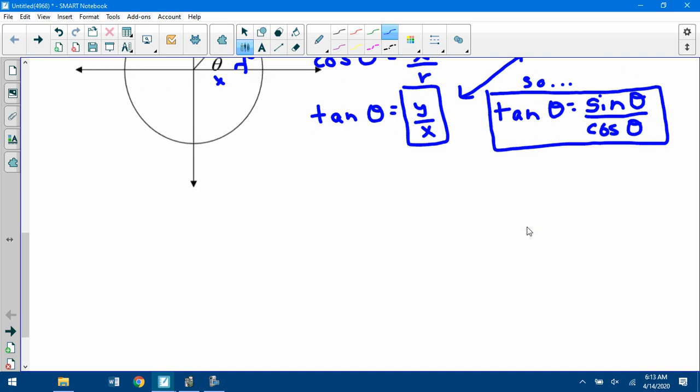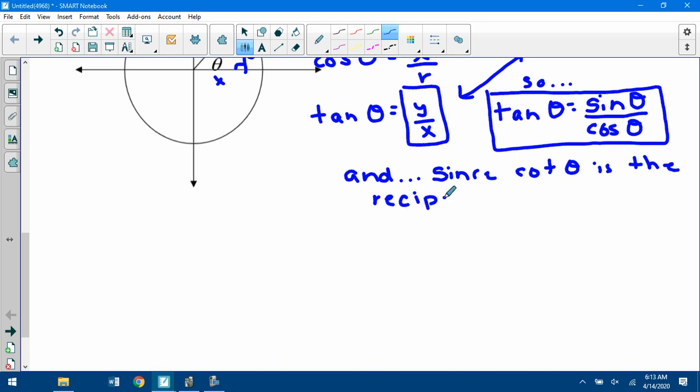But I can also say, we haven't really talked about this one too much, but since cotangent of theta is the reciprocal of tangent, what do you think cotangent of theta equals? We've already seen it as x over y when you're doing quadrantals, but tangent is sine over cosine, so cotangent is cosine over sine.